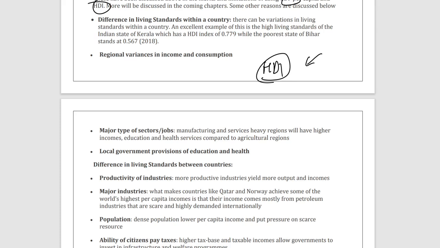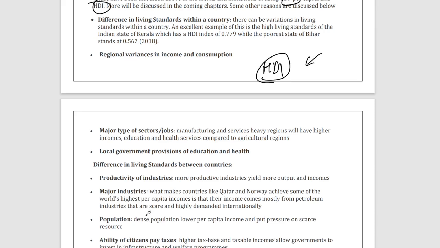Hence, of course, the value will be different, wouldn't it? It's not possible for one country to have the same literacy rate, the same rate of healthcare, stuff like that. It's not possible. Okay, and that's one reason why living standards can vary.